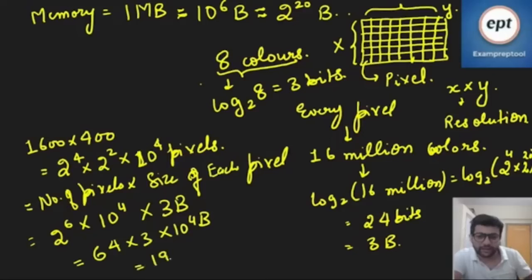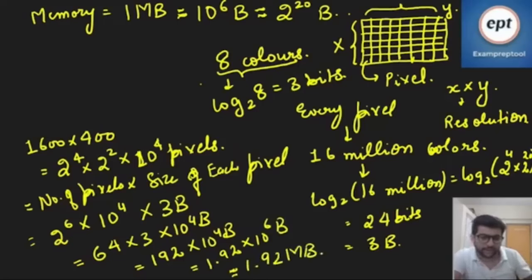This will be equal to 192 into 10 power 4 bytes, equals 1.92 into 10 power 6 bytes, which is nearly equal to 1.92 MB, which is greater than the available 1 MB of memory, right?